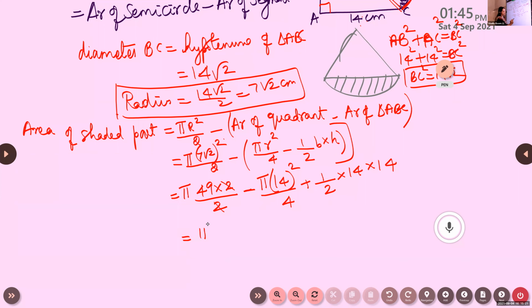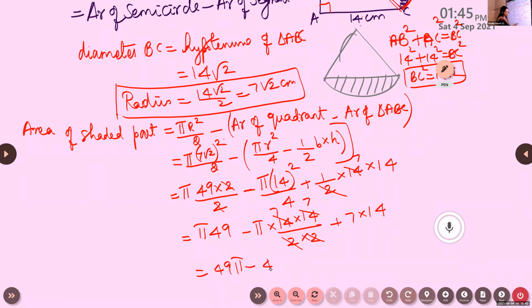So we get pi into 49 minus pi into 49 plus 98. So 49 pi minus 49 pi plus 98. So the answer is 98 centimeter square.